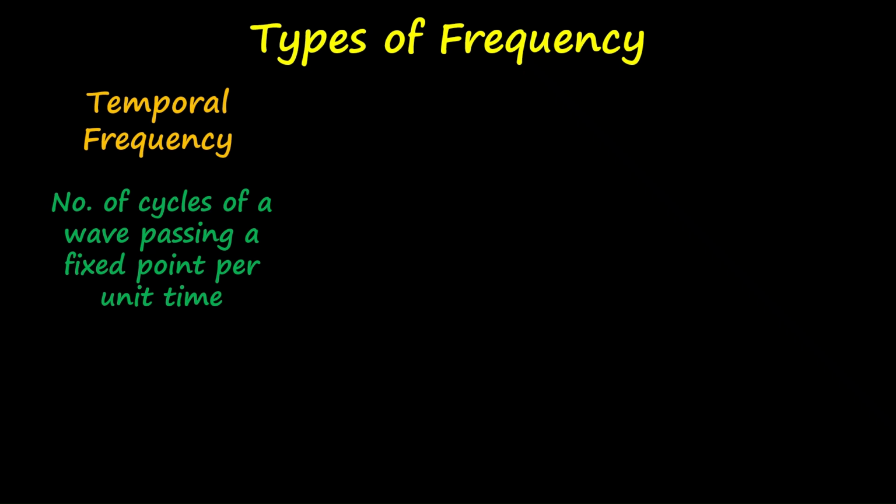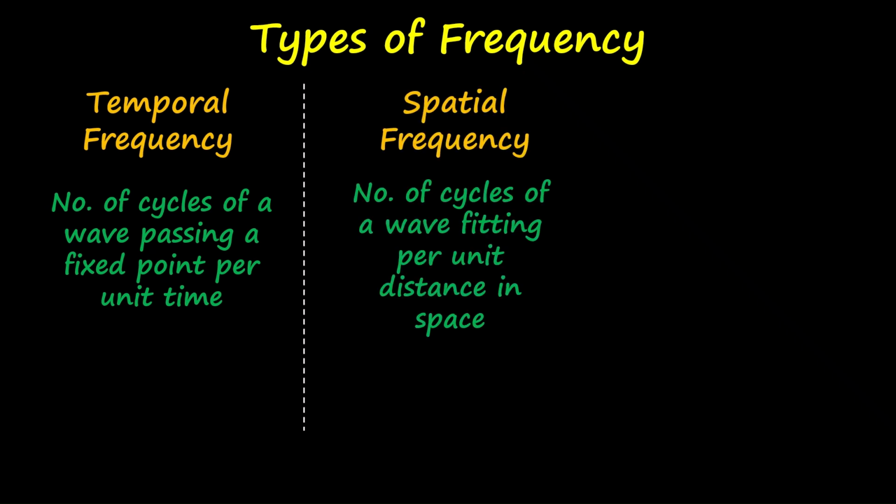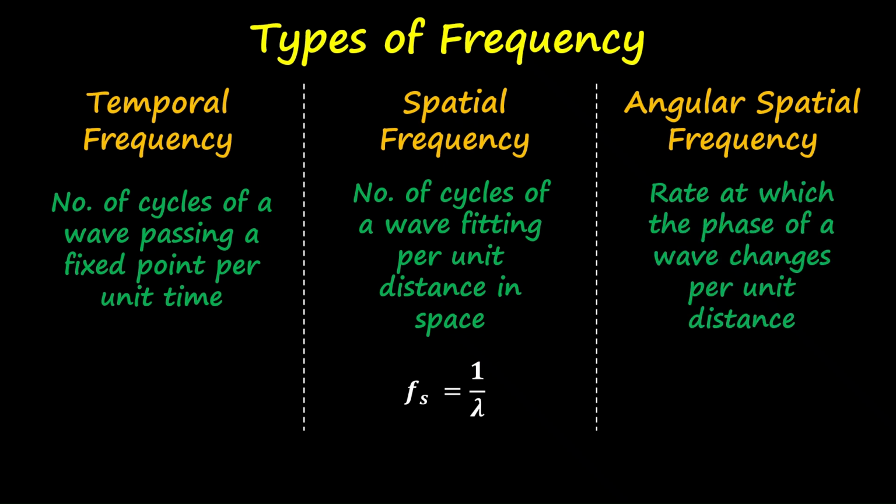For example, we can transform to the spatial frequency, which is defined as the number of cycles of a wave fitting per unit distance in space, and the relation is given by 1 by lambda. We can even transform to angular spatial frequency, which is defined as the rate at which the phase of a wave changes per unit distance, and this is given by 2 pi by lambda, and this is what physicists call the wave number.